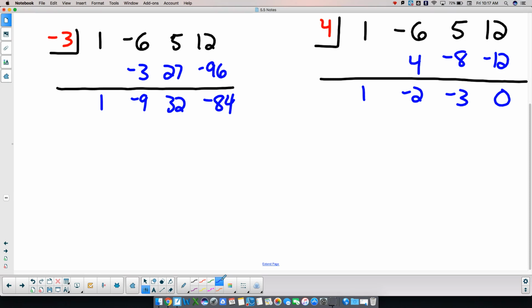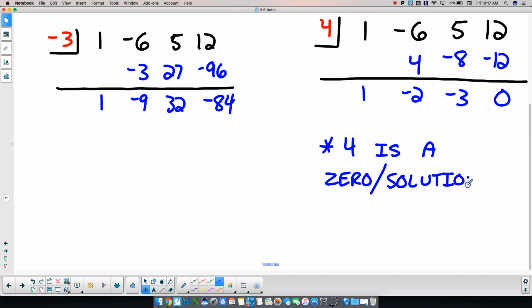What? 4 is not a factor. But 4 is a 0, right? What else do we call it? Solution? Root? Answer?